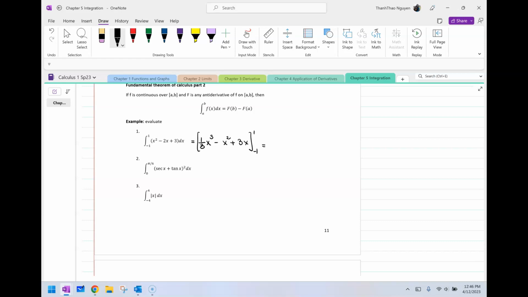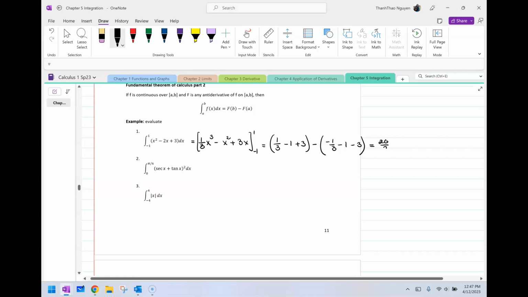So first, what happens at 1? At 1 we have 1/3 minus 1 plus 3. And we subtract what happens at -1. At -1 we have -1/3 minus 1 minus 3. This equals 20 over 3.